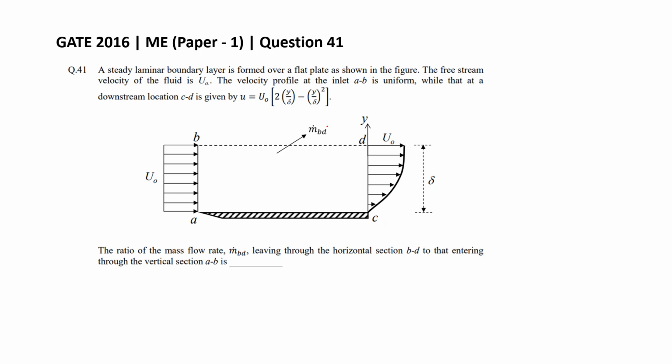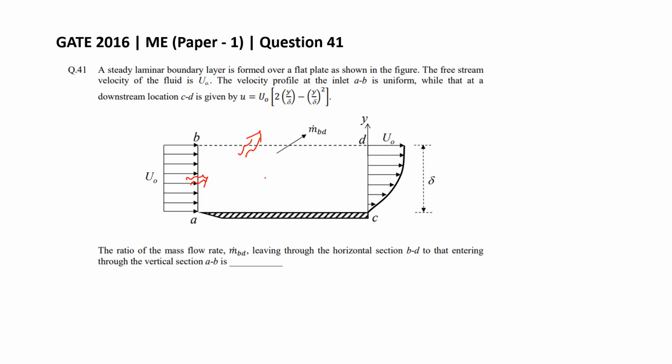Now the ratio of the mass flow rate m dot BD, leaving through the horizontal section BD, to that entering through the vertical section AB is. So something is leaving from here and something is coming from here, okay? Now we need to find the ratio of these two.